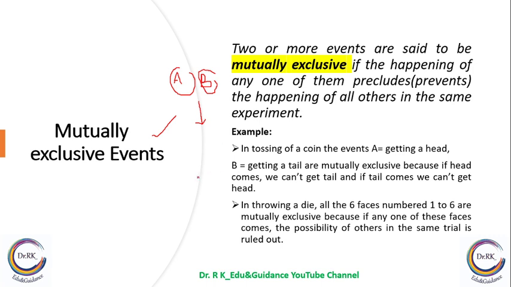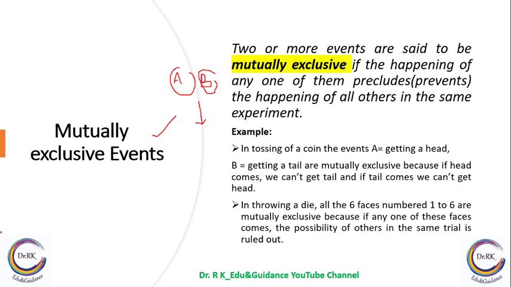So for example, in tossing a coin, getting a head and getting a tail are said to be mutually exclusive. Why are they called mutually exclusive? Because if head comes, that means we are not going to get tail.